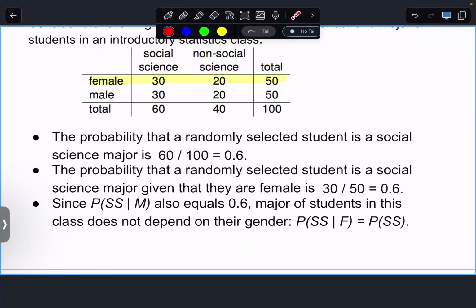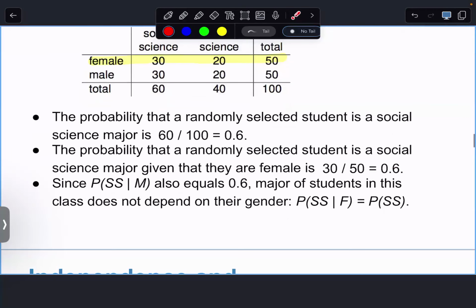And then the probability of being a social science major is 30 over 50, which is 0.6. Since the probability of being a social science major, given that they are male, is also 0.6. So knowing that they're male, the probability of being a social science major is still 30 over 50, a different 30 over 50, but still also 0.6.